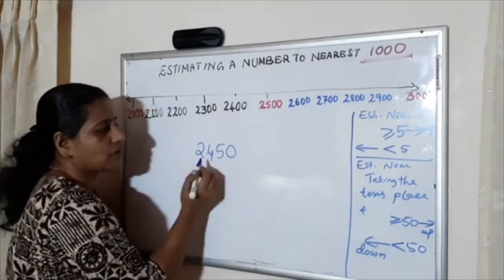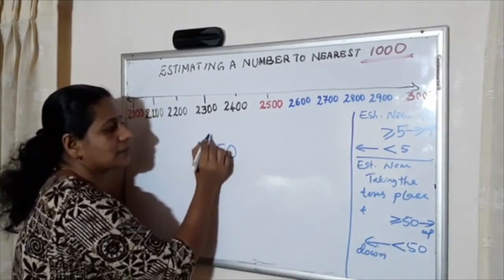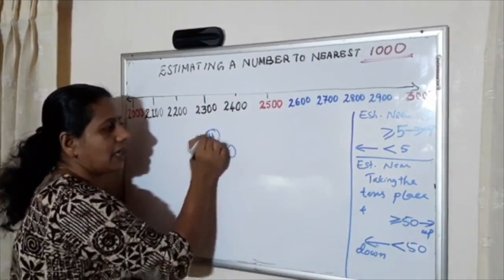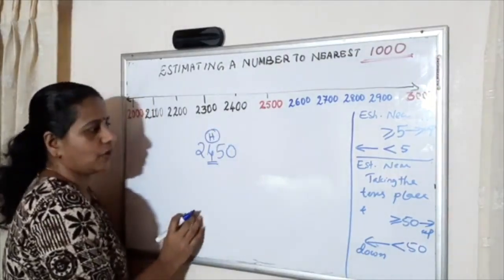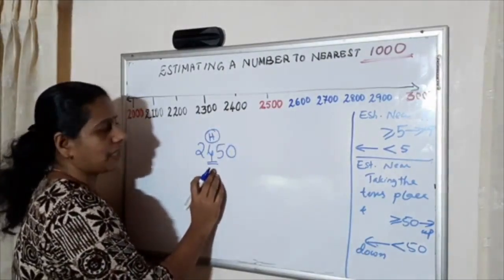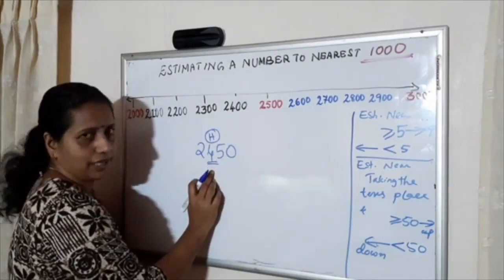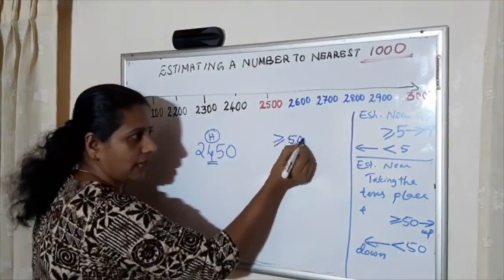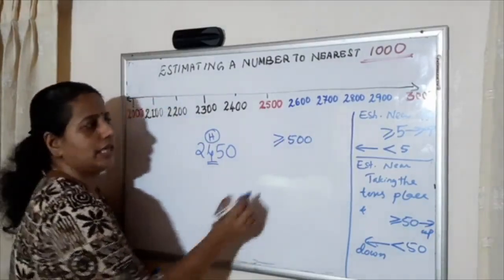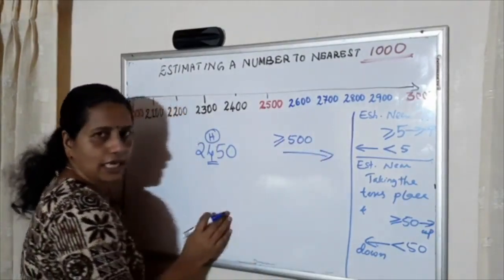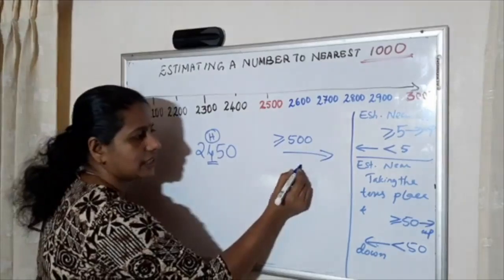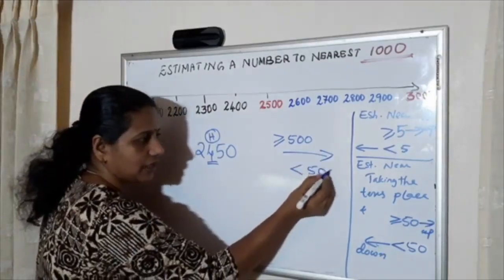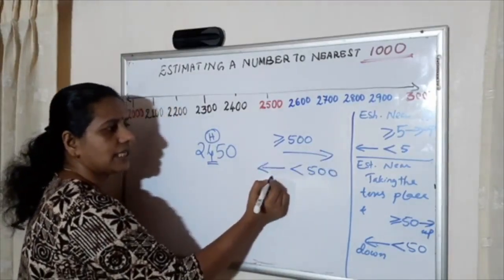And if it is 1000, take the hundreds place value. If the place value of this number is greater than or equal to 500, then round up, and if it is less than 500, round it down.